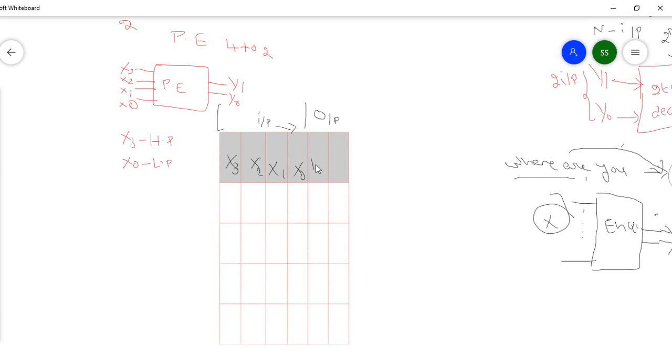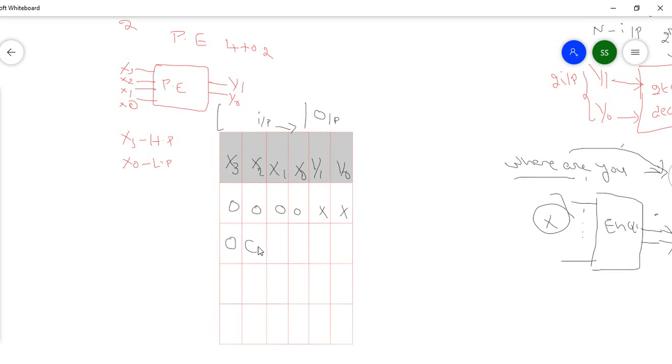So the output is y1 and y0. Here, if all are zero, nothing is present, and we can call this a don't care condition. It may be either 0 or 1; we will not actually get any output in y1 and y0. Suppose x3 is 0, x2 is also 0, x1 is also 0, and only x0 is present, then we will get the answer 0 0.